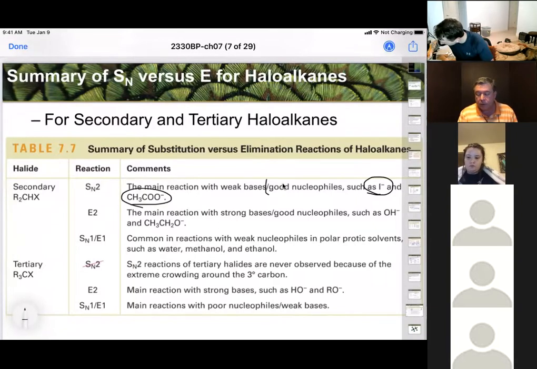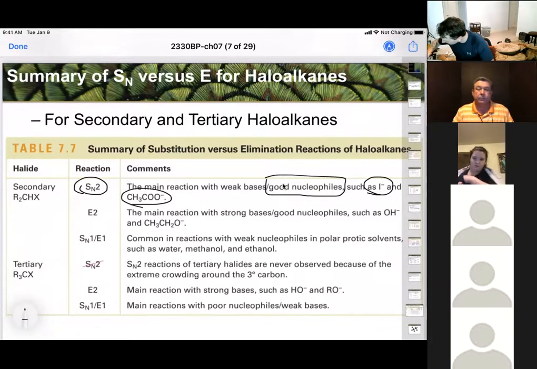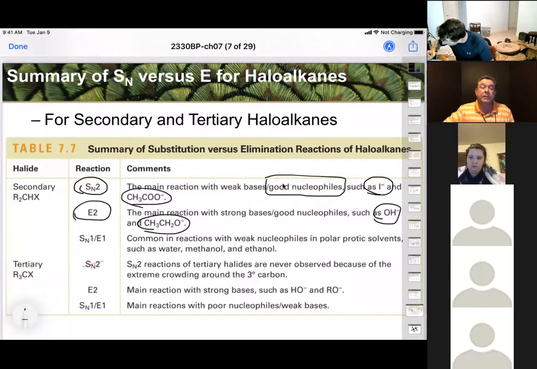If they're a good nucleophile, you will get an SN2 reaction. However, if you have a strong base and strong nucleophile, something like hydroxide or alkoxide, you're favoring an E2 reaction. That strong base is going to pull off an alpha hydrogen and eliminate, giving you that double bond.